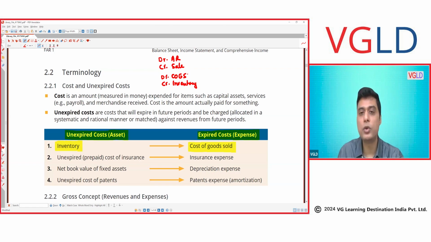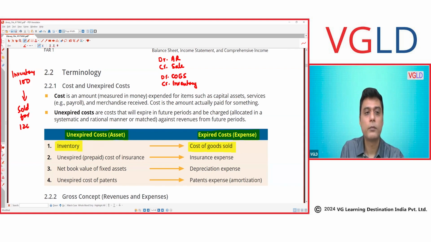Suppose you have sold goods of $100 at $120. The inventory was $100 in your books. You have sold it for $120. So your debit AR credit sale will be for 120, but debit cost of goods sold, credit inventory will be with 100.